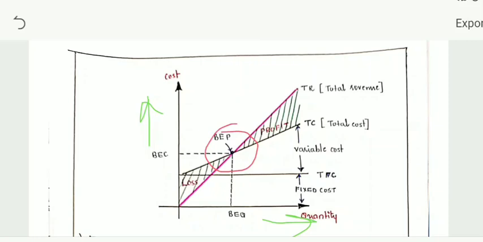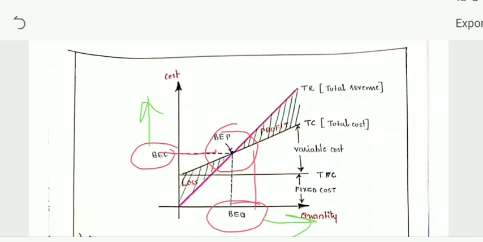Because your revenue line is crossing the total cost, whatever you had invested. So that is your profit, and below that is loss. This is the break even point, and with respect to that you will get the break even cost, and with respect to that you will get the break even quantity.